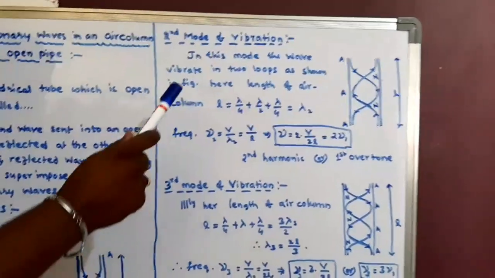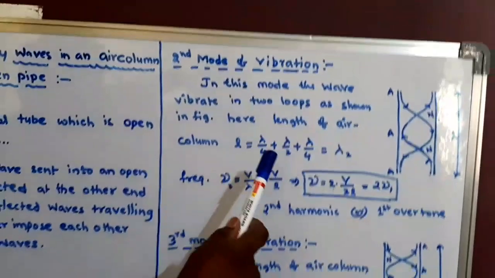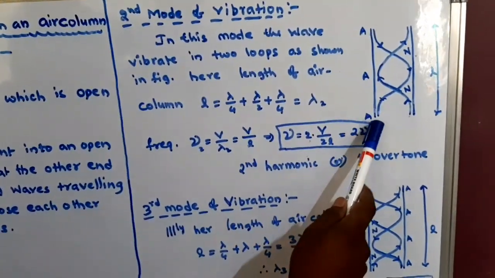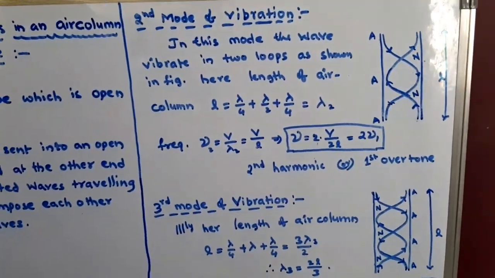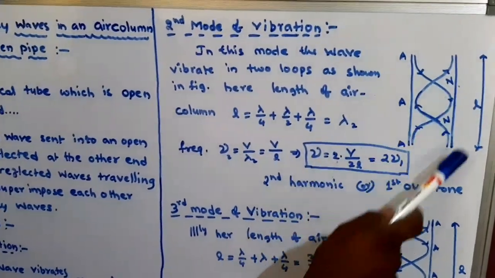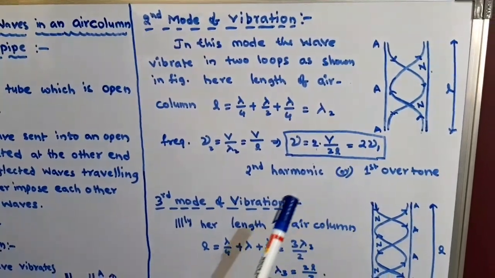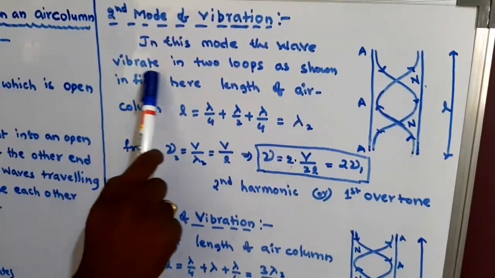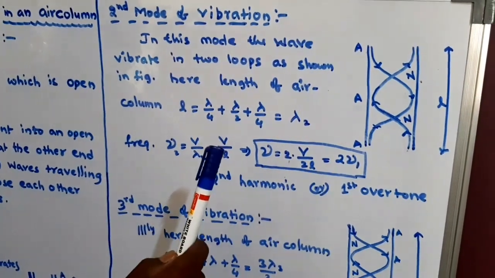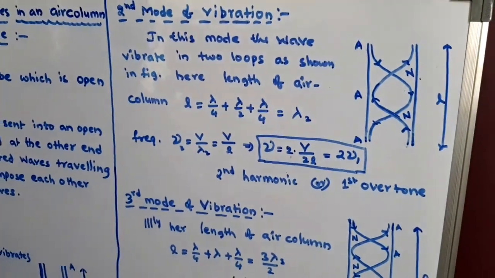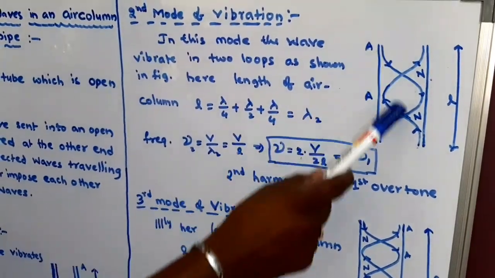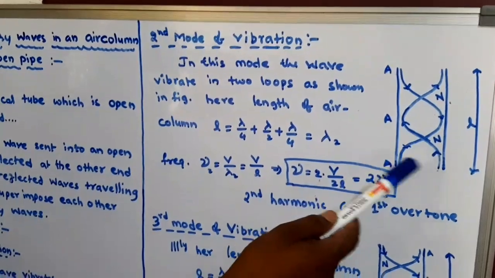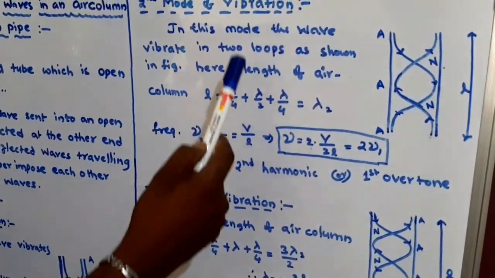Here there is the second mode of vibration. You can understand the diagram easily. There exist three antinodes and two nodes in the same air column length, that is L. In this mode of vibration, the wave vibrates in two loops as shown in the figure. Understand? Always at the open ends there will be antinodes. In between the antinodes, the number of nodes depends on the mode of vibration.